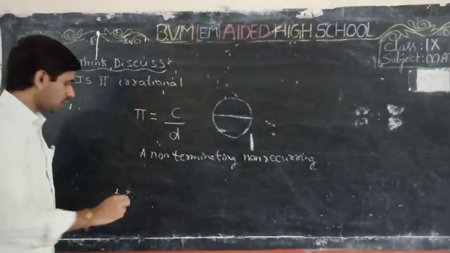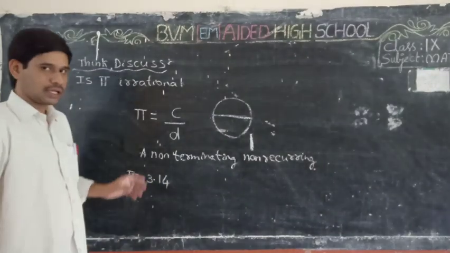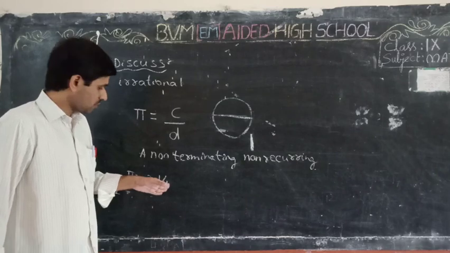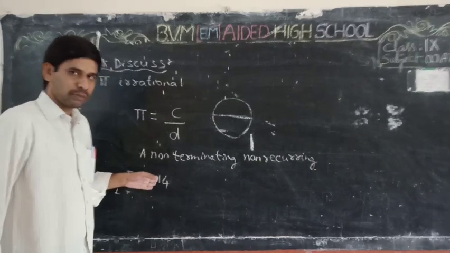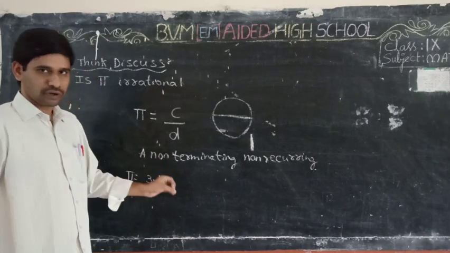But why are we writing pi as 3.14? We terminated 3.1415 and so on into 3.14 for our calculation.